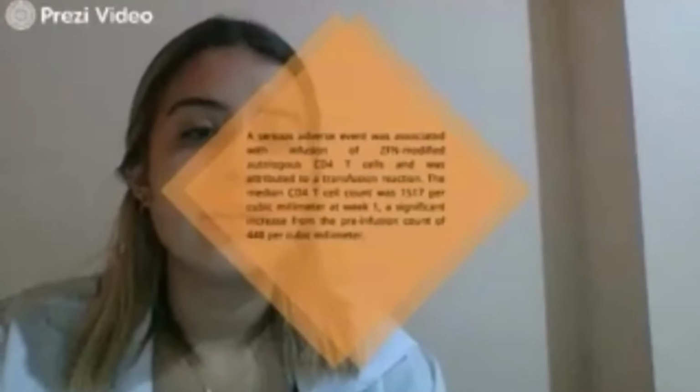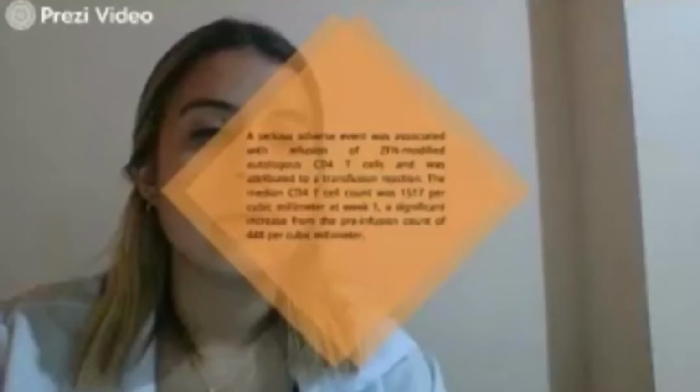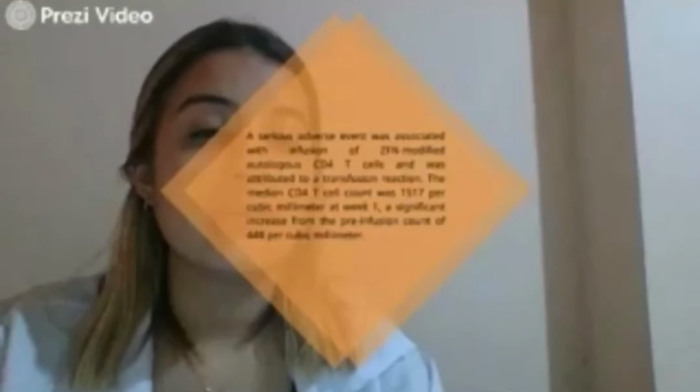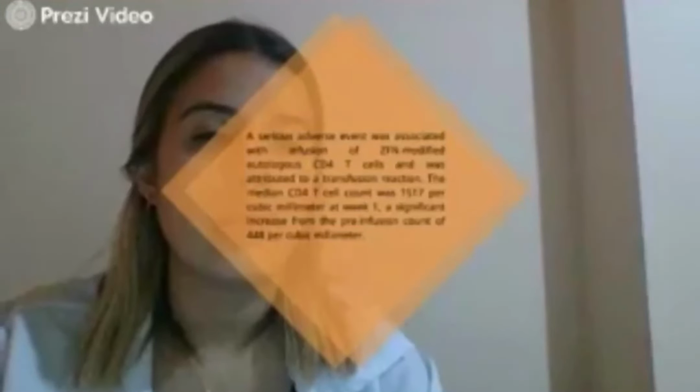A serious adverse event was associated with infusion of CCR5-modified autologous CD4 T cells and was attributed to a transfusion reaction. The median CD4 T cell count was 1,517 per cubic millimeter at week 1, a significant increase from the pre-infusion count of 448 per cubic millimeter.